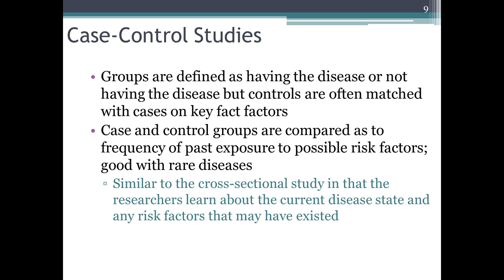Now, case control may be compared to other study designs, such as your cross-sectional, because it only gets the data at one point. And you're learning about the disease basically at that point when it existed. And so this is very much similar again to cross-sectional study. In case and control groups, you must have the case.